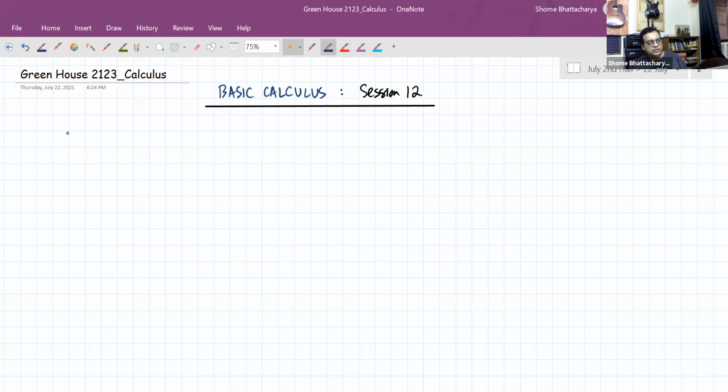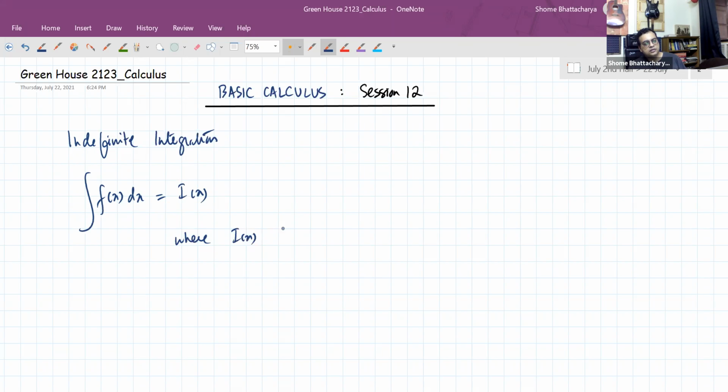Right. So let's start with a quick recap of indefinite integration that we had learned. We've seen the operation of indefinite integration given by this kind of symbol. Indefinite integration of a function f(x) with respect to the variable x gives us what is called the antiderivative of the function f(x).